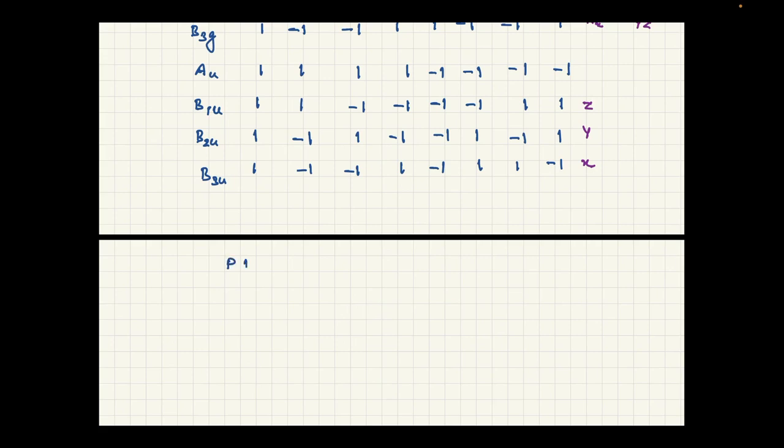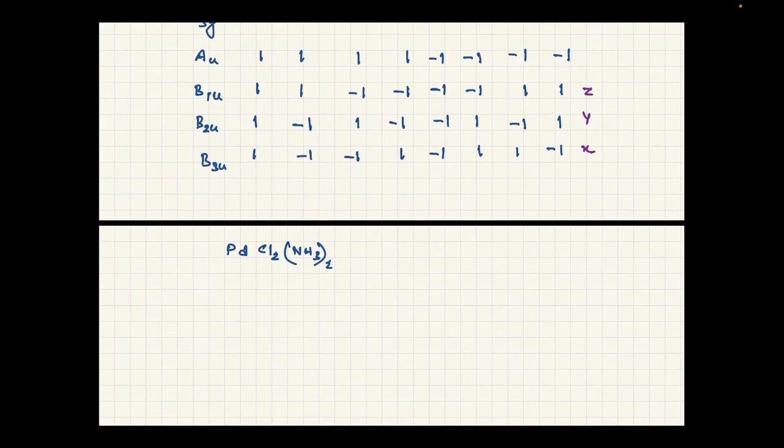Now this PdCl2(NH3)2. Okay, so basically there will be N equal to 1, 3, means 4 times 2 plus 2 times 1 plus 1, 8 plus 2 plus 1, 11 atoms will be there, so there will be a total of 3N, 33 degrees of freedom.